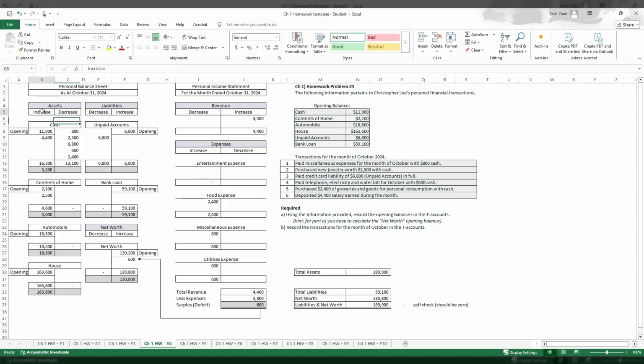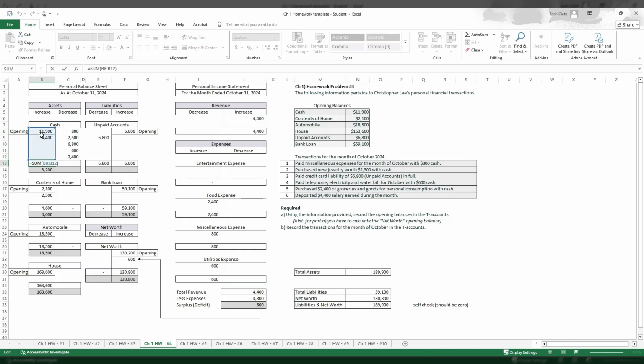And they have different increases and decreases of their T account, which side they go on. And I will also highlight here, we looked at this in number 2, but as a reminder, when we're coming to get an ending balance for any one of the accounts, we need to take our opening balance plus our increases minus our decreases.